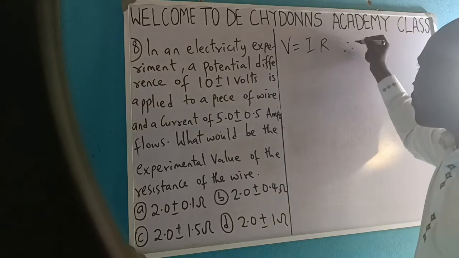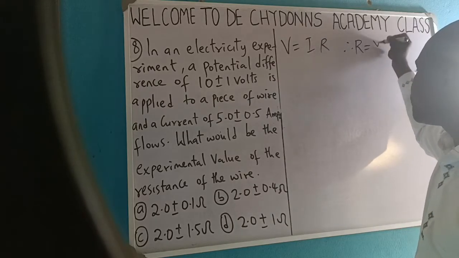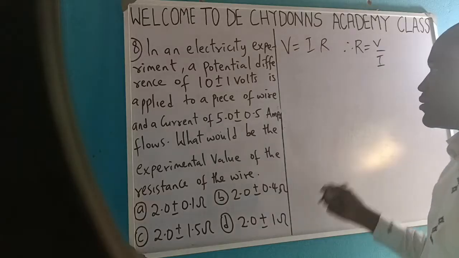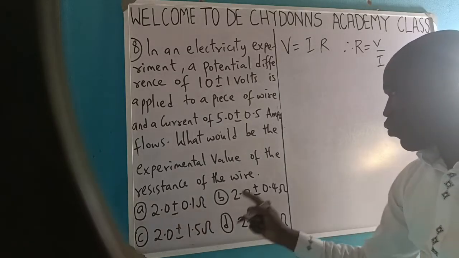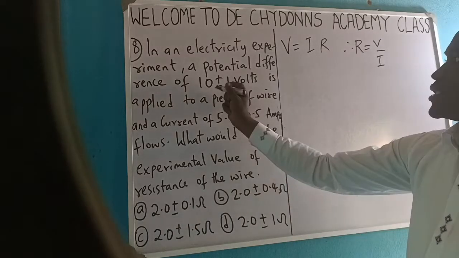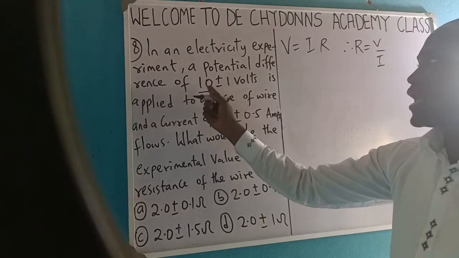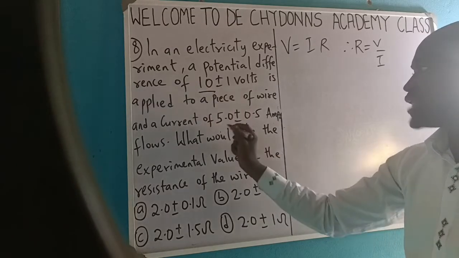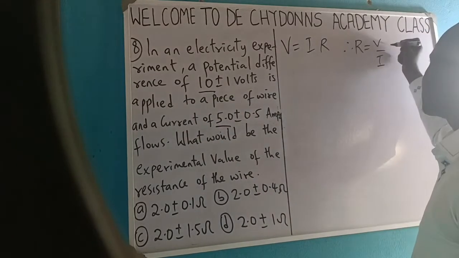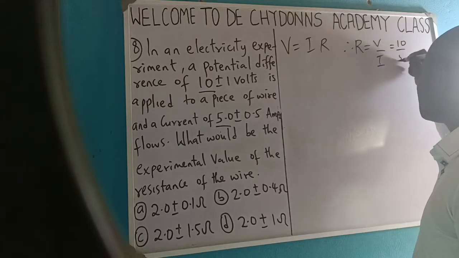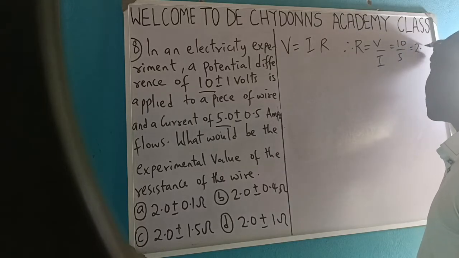From here, we have that R is equal to V over I. Now the options are in 1 decimal place. Look at the V given to you, the potential difference, and look at the I. We'll say 10 over 5 equals 2.0 ohms.